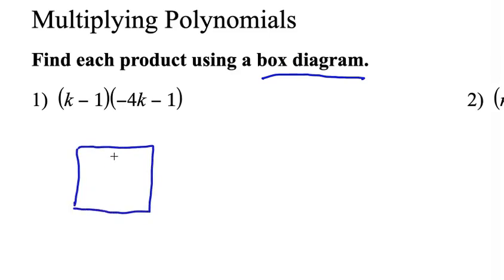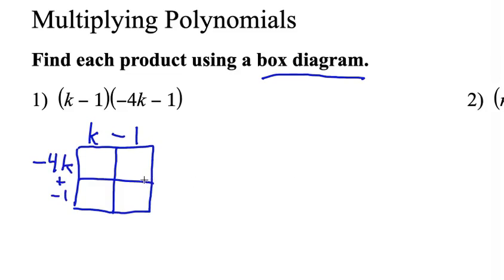So when multiplying a binomial by a binomial, I'm going to have a spot here for k minus 1 across the top. And then along the left side, it'll be negative 4k minus 1. Now, instead of writing minus 1, I'm going to change that to plus negative 1, just so I don't miss that that's a negative 1 right there.